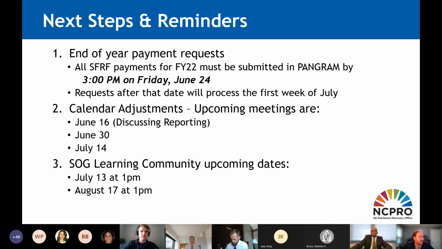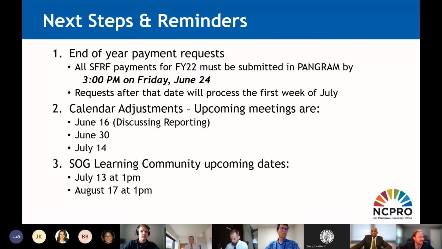We also have just noted here we're going to meet again on the 30th and then the 14th. So we're restarting that biweekly schedule next week, so we can sidestep the July 4th holiday week as well.